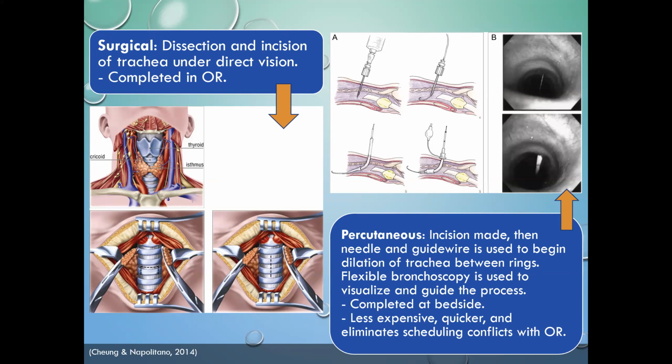So things to consider are how the site is healing, the amount of blood or swelling in the area, the amount and the type of secretions, if they're thick, if they're thin, if they're copious. You can look in the chart to find a lot of that information because all of it will be documented, but you also always want to have a verbal conversation with those key players of the team before you get in there and get started.